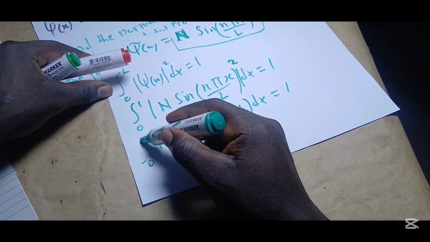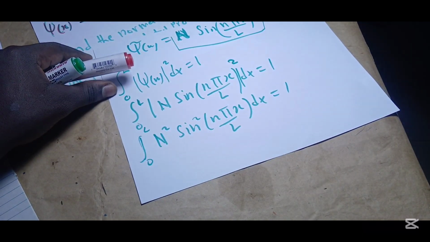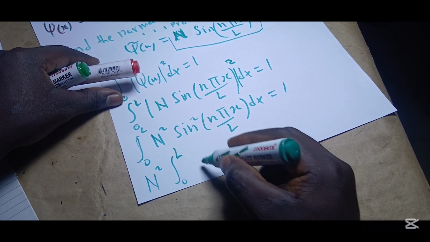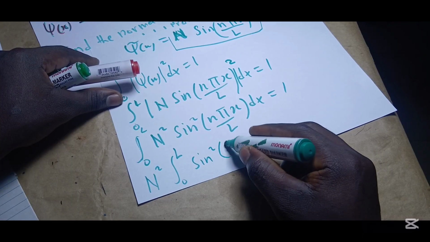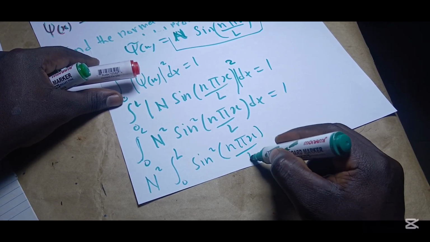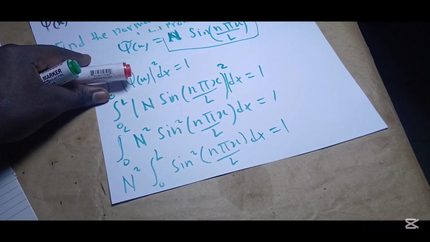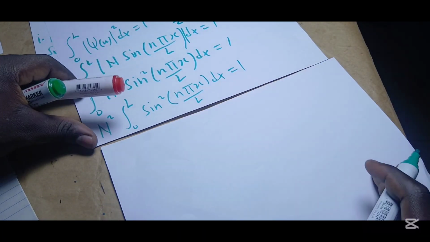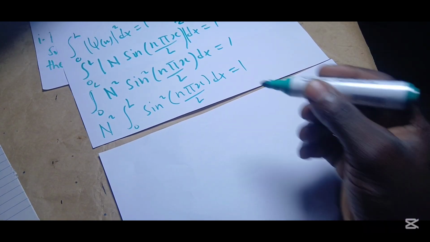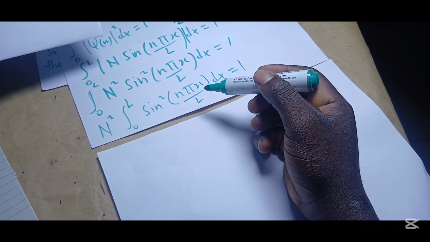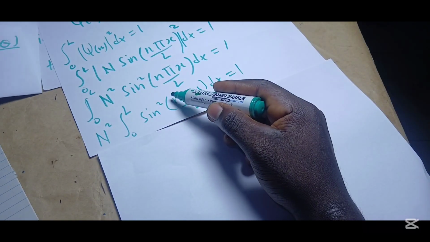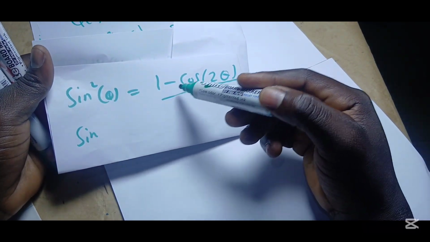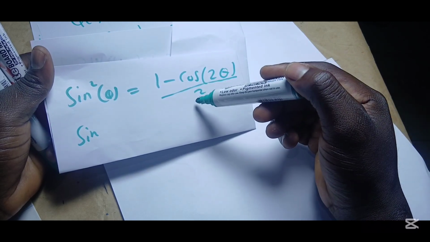Integral from 0 to L. Since n is a constant, let's bring it out. The integral from 0 to L, sine squared n pi x all over L, dx equal to 1. We are going to use the trig identity, the reduced angle formula, to simplify this expression. If we have sine squared theta, it should be equal to 1 minus cos 2 theta over 2.